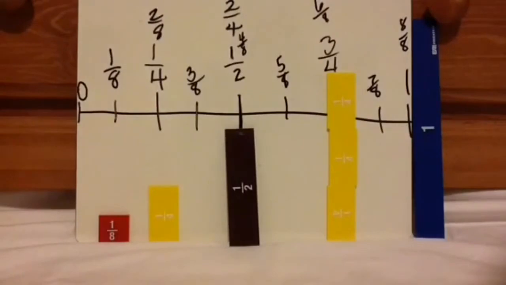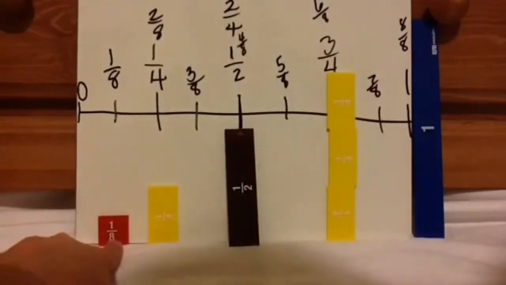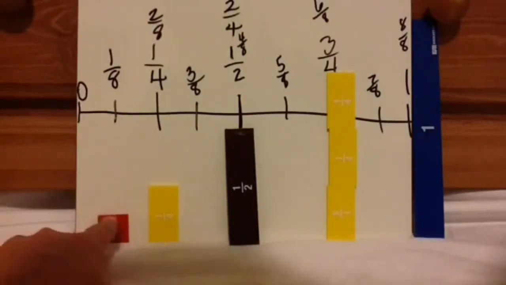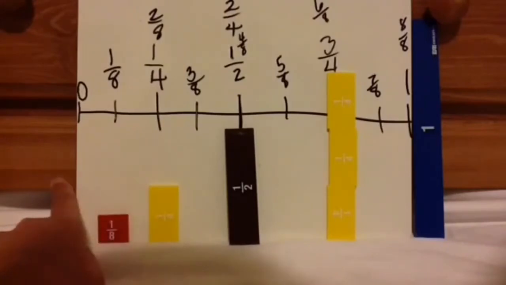Okay? So hope you're getting an idea of how this is going to work. So when someone says 1/8, what is that about? It's close to 0, but it's also close to 1/4. So you have an idea where it could be.